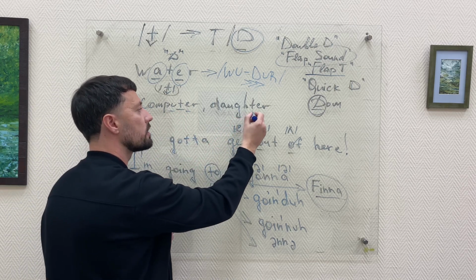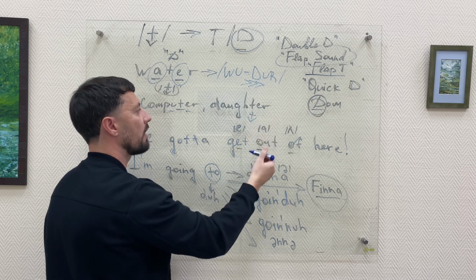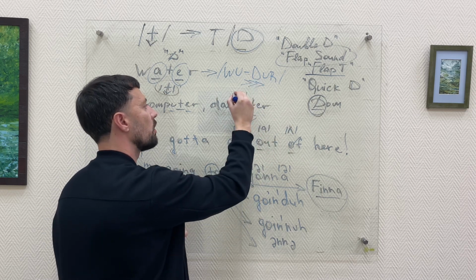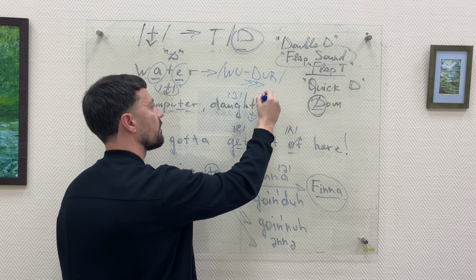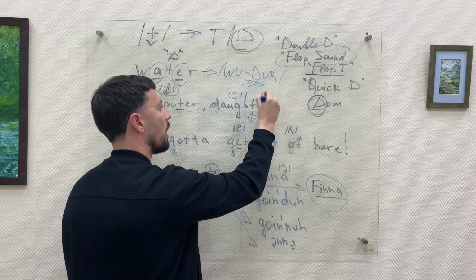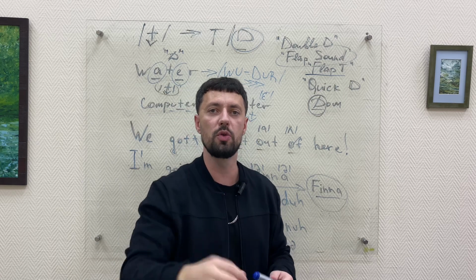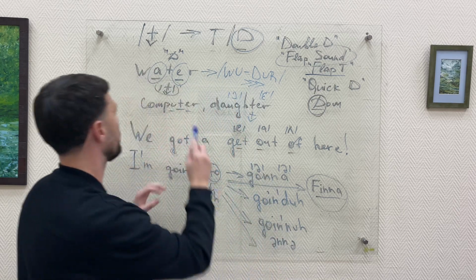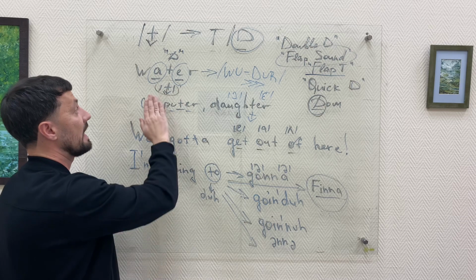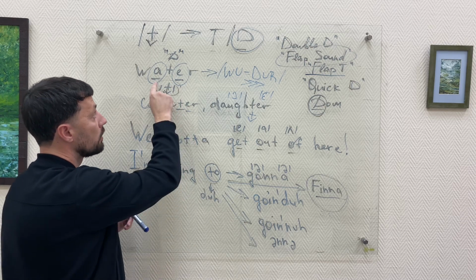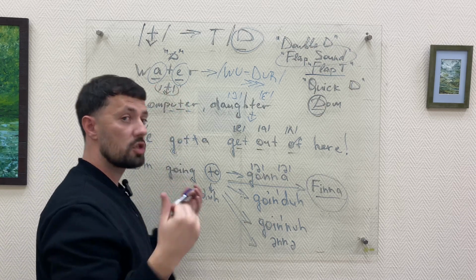Daughter, daughter, again. Here we have a flap T, because we have a vowel sound on each side. So daughter, computer. Keep in mind, if T or D is in between two vowel sounds, it transforms into a flap sound.